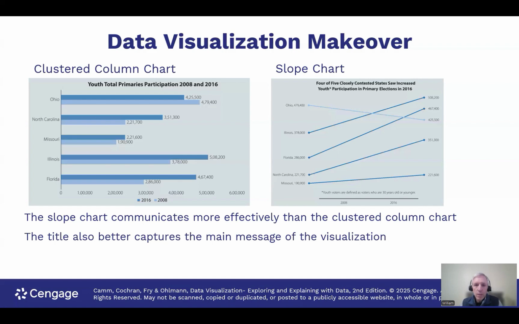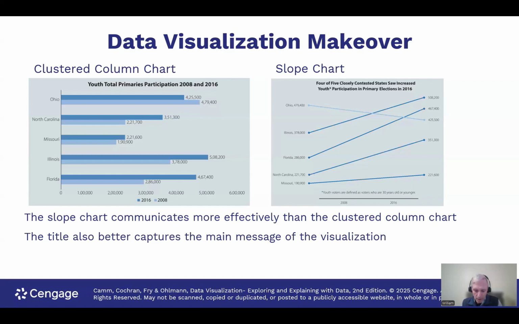You can really clearly see what happened in Illinois and Florida and North Carolina, and you can compare the before and after to each other. So this is a really effective way of showing data, particularly when you have 2 points in time. The slope chart communicates more effectively, and the title is driving home the point.